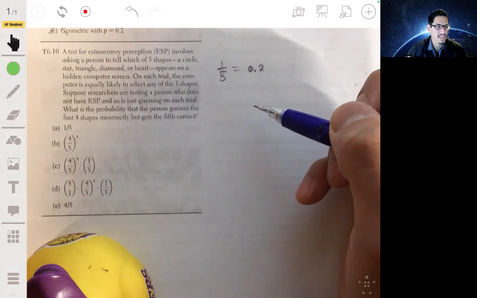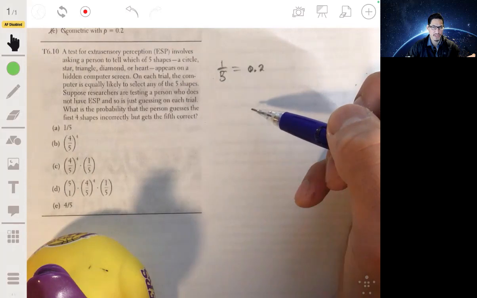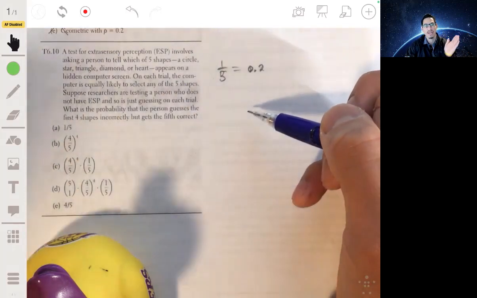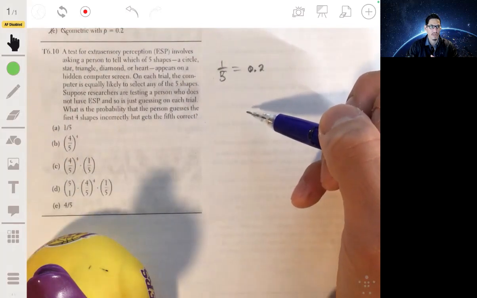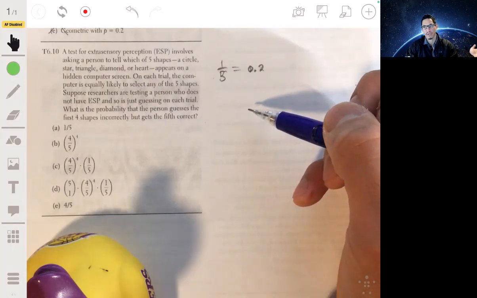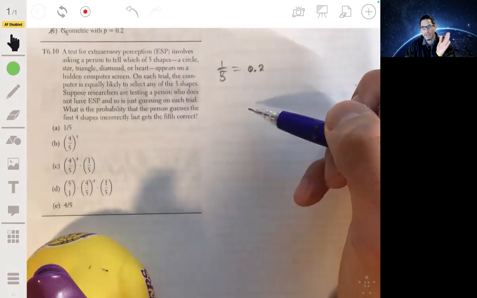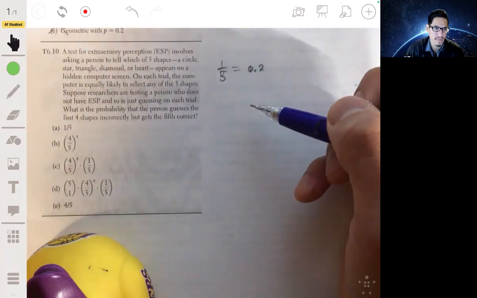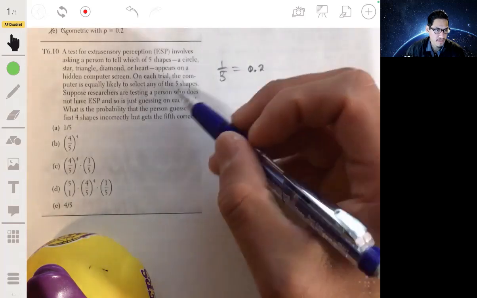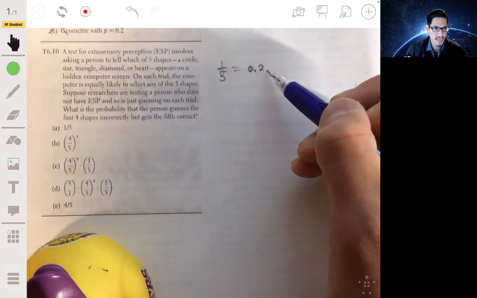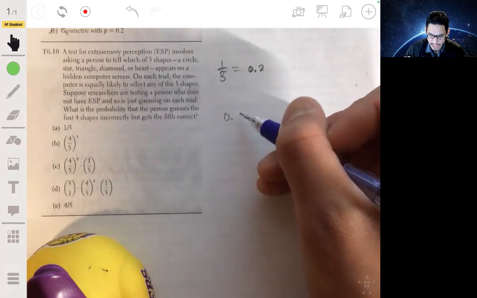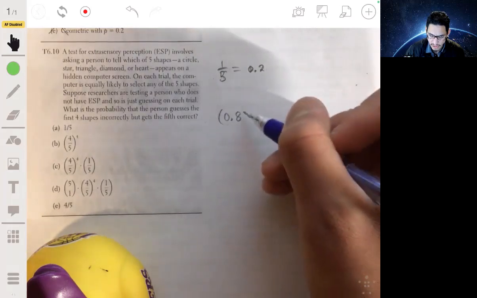Now, since the guesses are independent, you're going to use the multiplication rule across all five guesses, and multiply the appropriate proportions. If you have a 0.2 chance of guessing correctly, that means you have a 0.8 chance of guessing incorrectly.